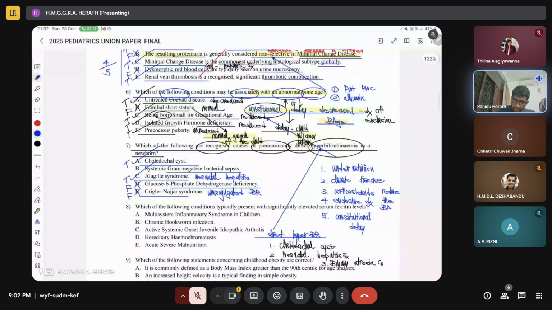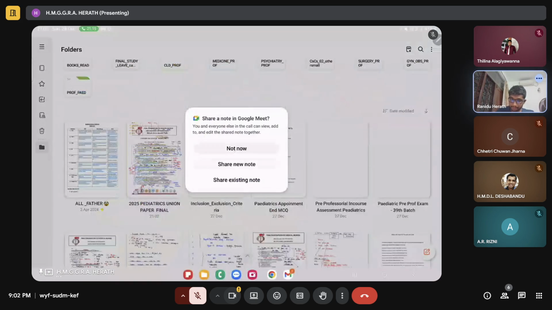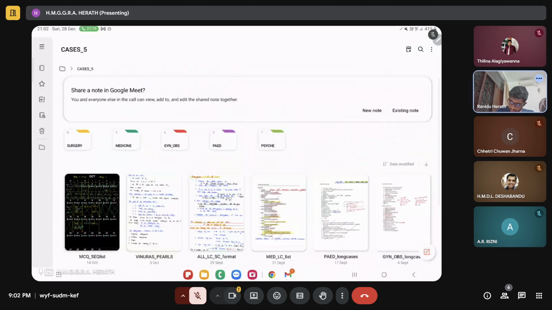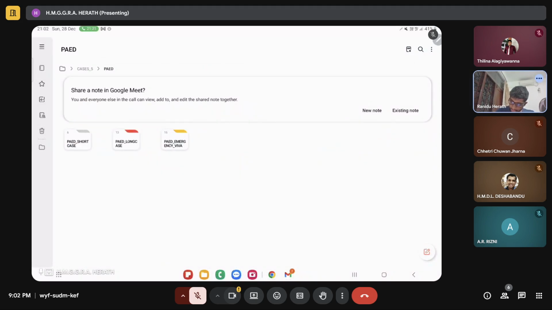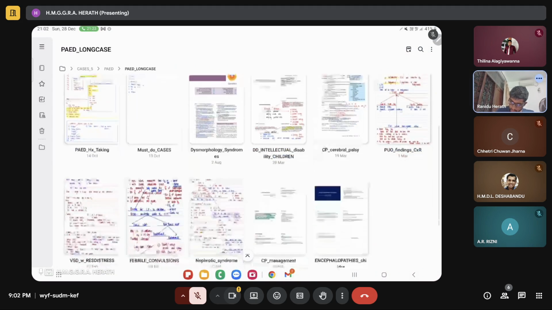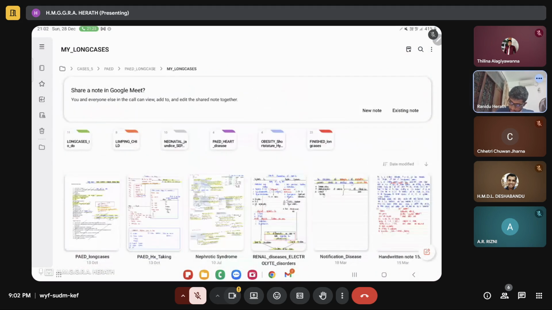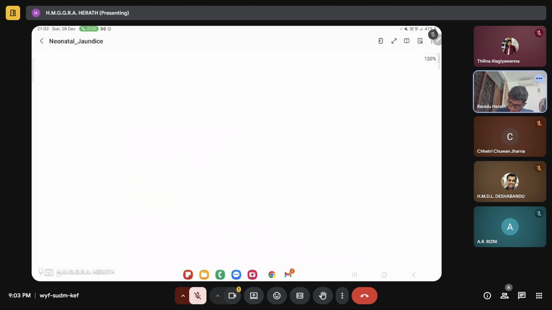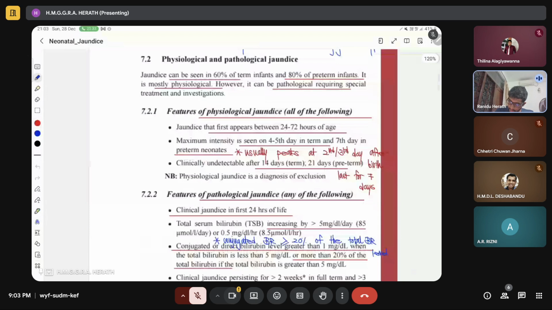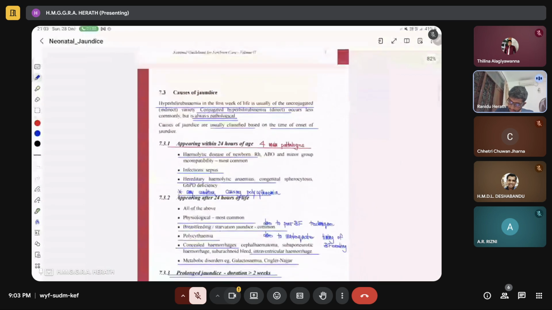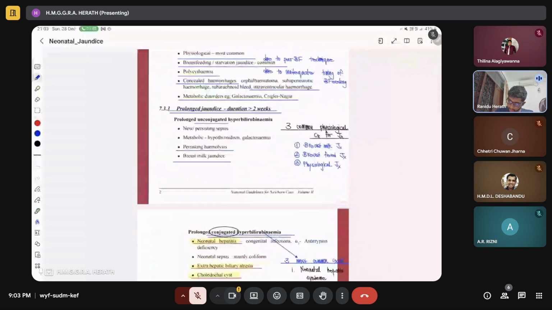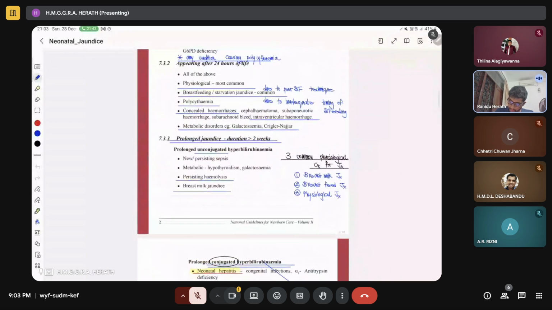So there is a list in the neonatal guideline. So I'll share that list now. In the guideline, there is a list of conditions which lead to conjugated hyperbilirubinemia and unconjugated hyperbilirubinemia.